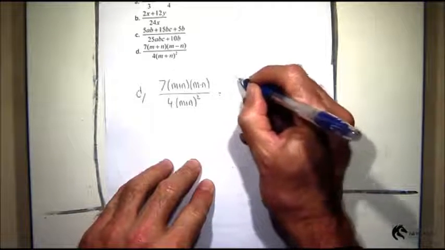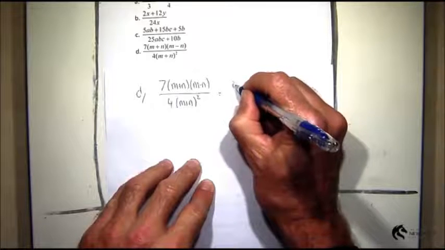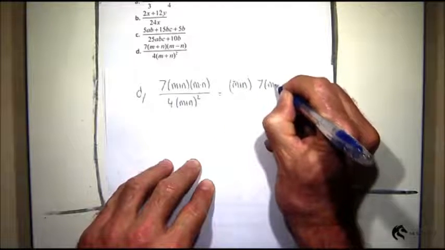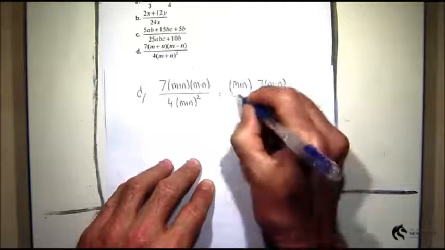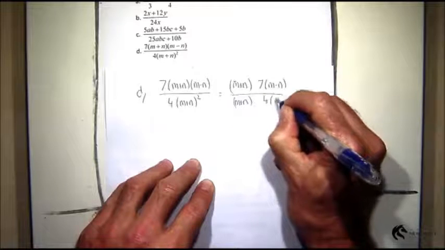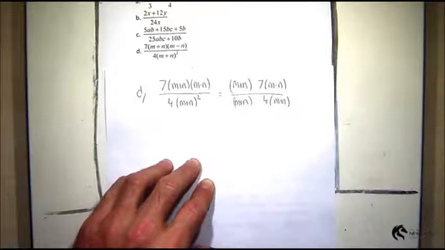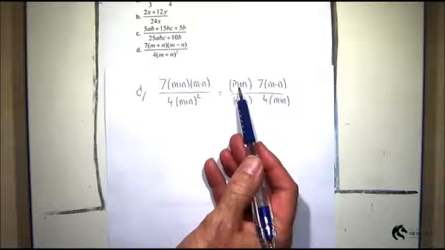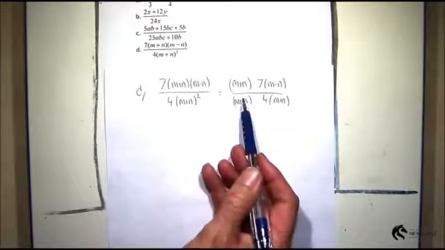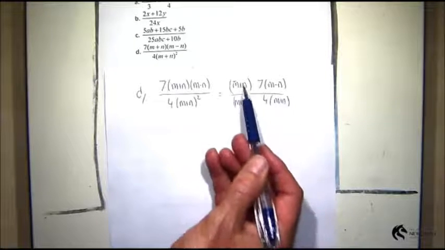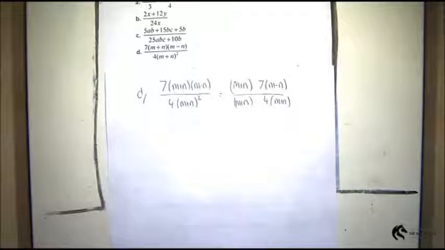What is clever is this, to say this is actually m plus n times 7m minus n. And on the bottom I've got here m plus n times 4 lots of m plus n. So all I've done is rewrite the multiplication in a different order. Here that's m plus n times m plus n, that's m plus n all squared. And you can see now I have m plus n as a common term to the numerator and the denominator.